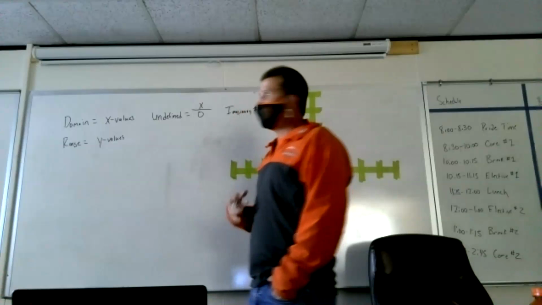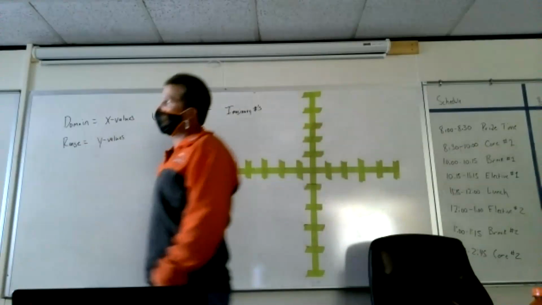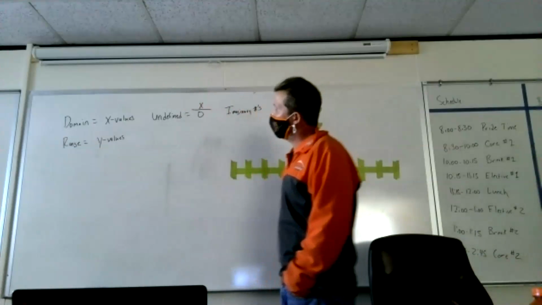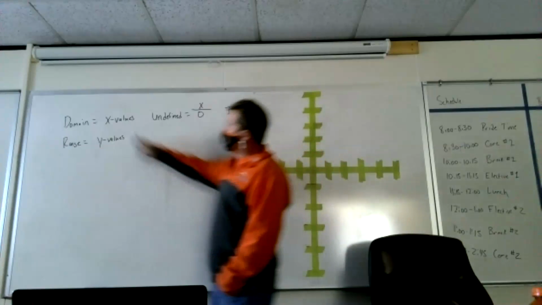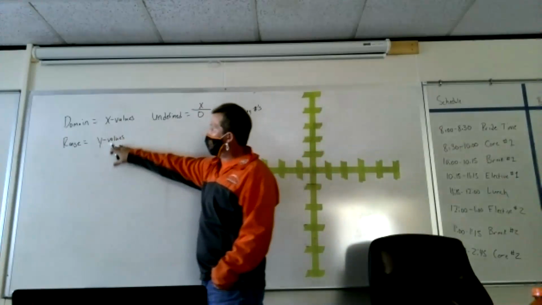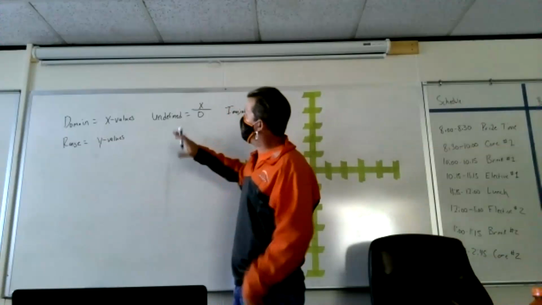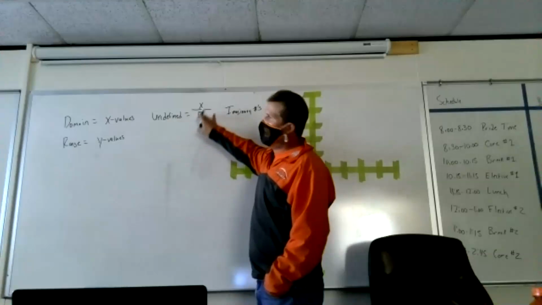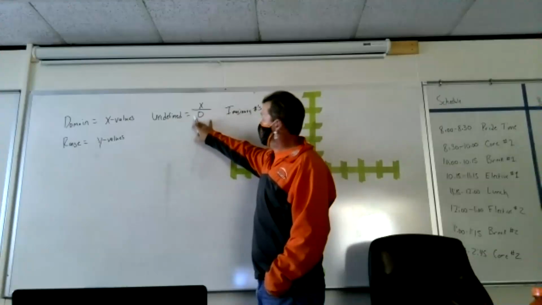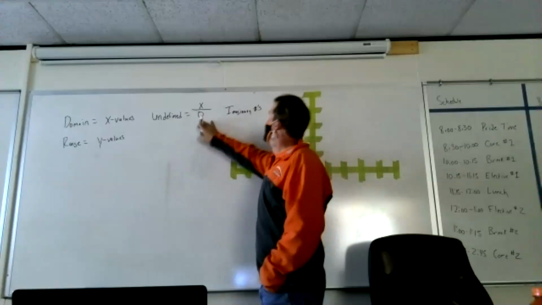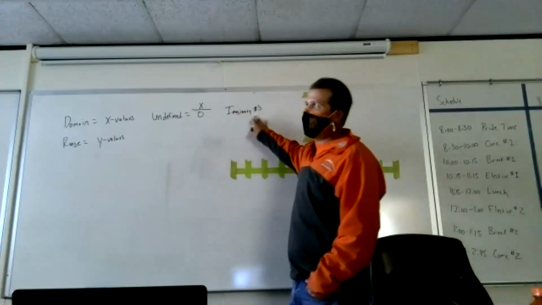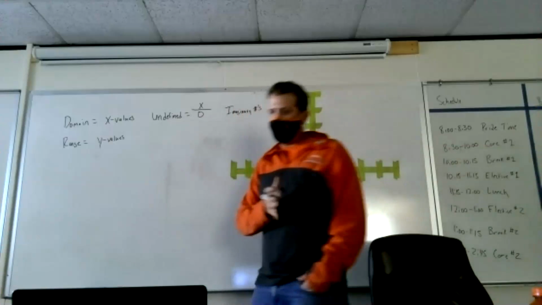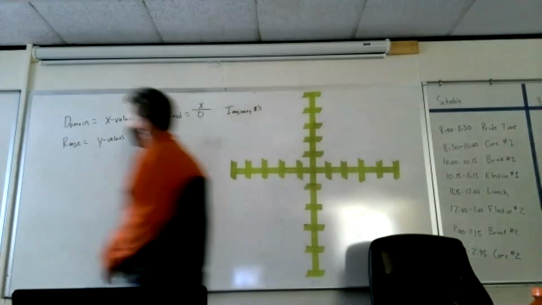Other than that, most times our domain is all real numbers, unless it's cut off like this graph that we're going to have here. Key concepts: your domain is your x values, your range is your y values. It's mostly all numbers encompassed in the domain, unless it makes the function undefined, where we have a 0 in the denominator after we plug the x value in, or if it yields us an imaginary number. Both of these situations would eliminate that possible x value from our domain.